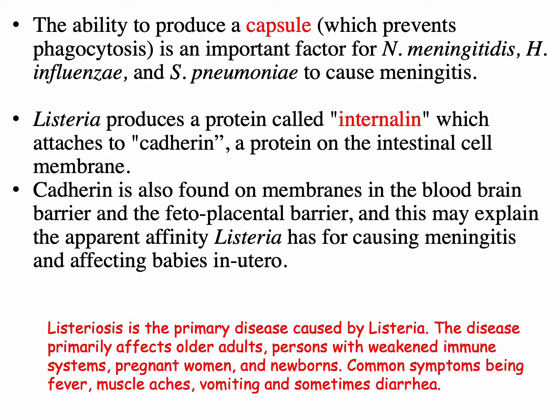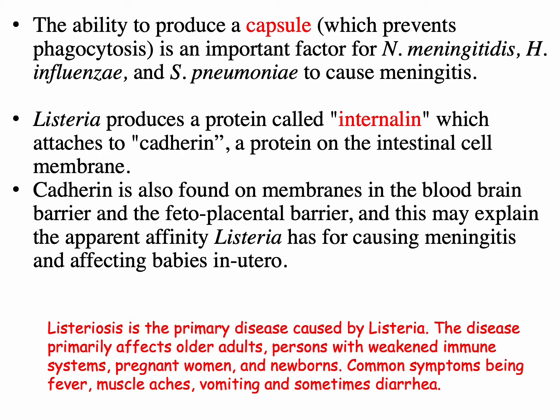On the bottom there, right? It's basically diarrhea and all those symptoms of food poisoning. So one, they can enter the blood, as we said, and then circulate and enter the central nervous system.